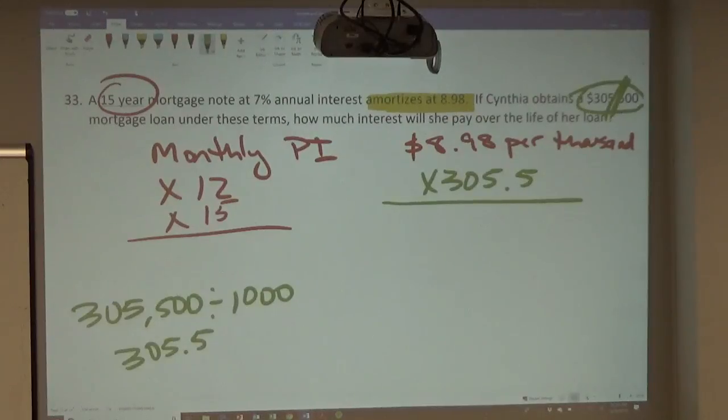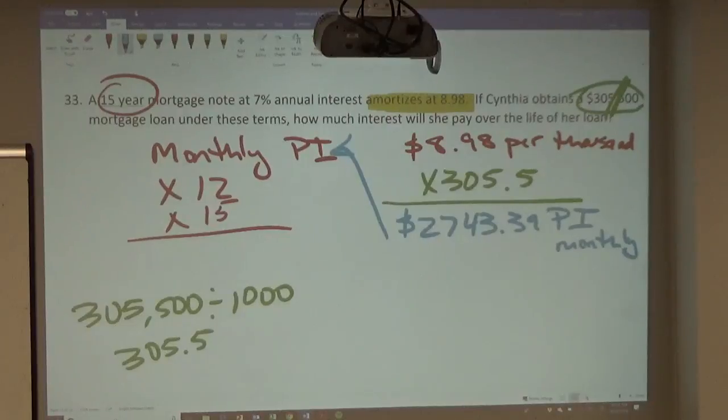So now we can calculate our payment. $8.98 times 305.5, and we end up with a total monthly payment of $2,743.39, and that's PI monthly. So that's the number we need right here. Then we want that number again times 12 months a year times 15 years.